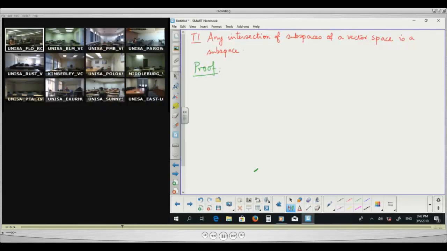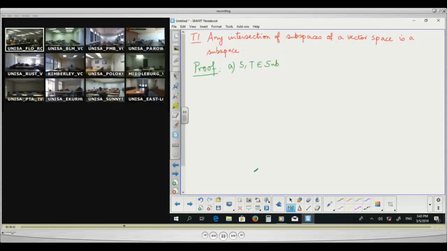So suppose I take S and T to be members of Sub(V), subspaces of V. What do I mean by this? I mean to say that if I take 2 things from S, their sum is in S. If I take 2 things from T, their sum is in T. Similarly for scalar multiplication, right?